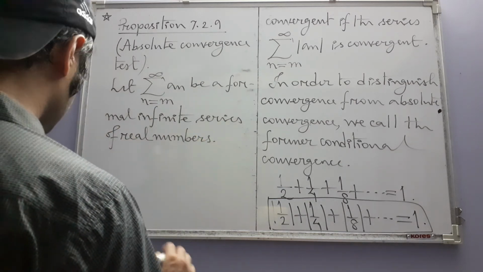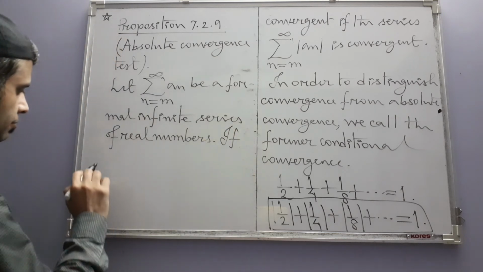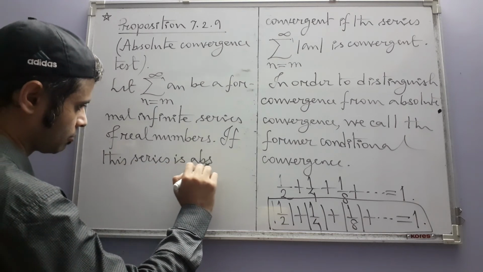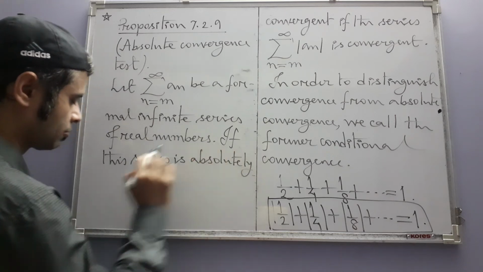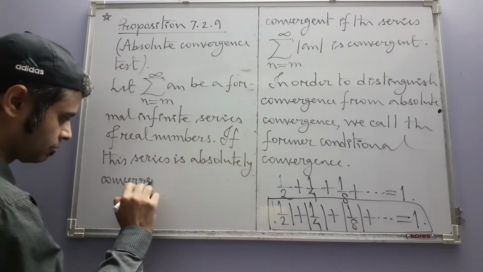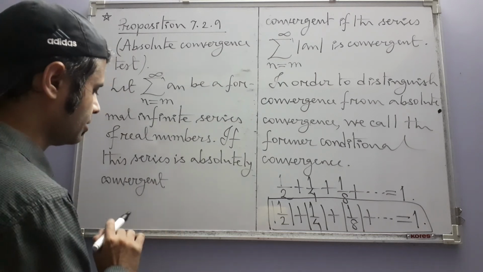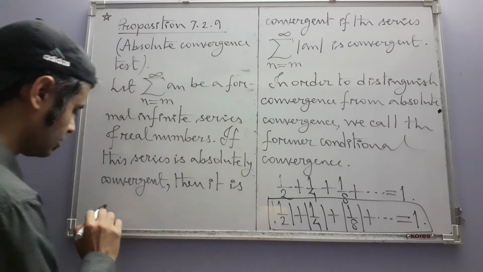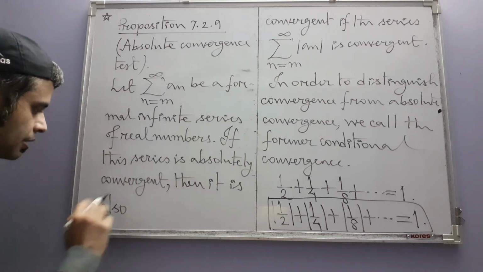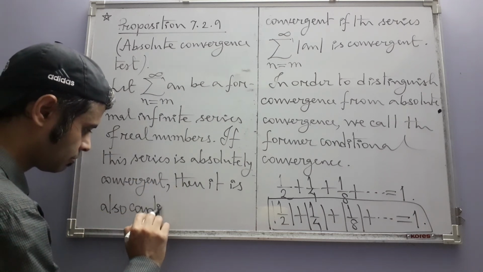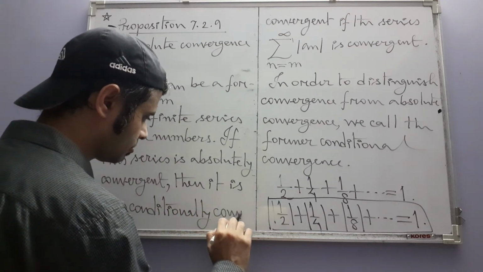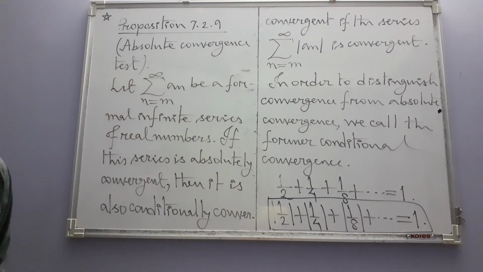Next, if this series is absolutely convergent, then it is also convergent. That is the result. Then it is also convergent, or using our other term, conditionally convergent. And there is a statement about its sum also.